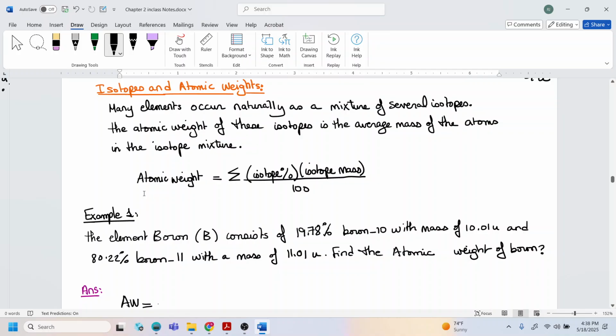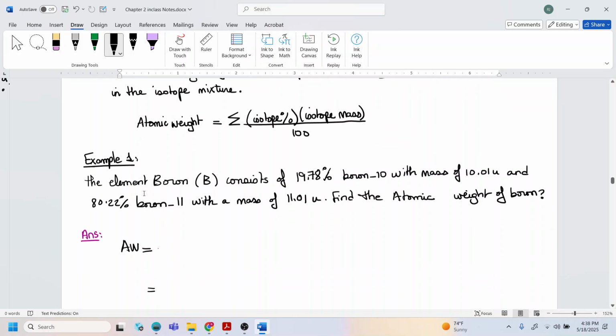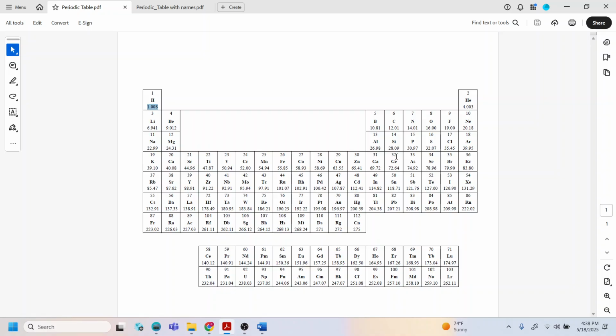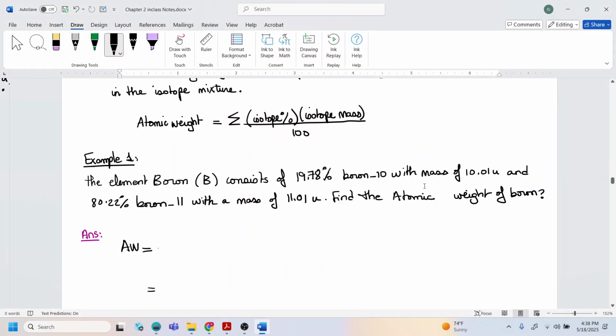Whatever you get, you guys, has to be exactly the same as the atomic weight in the periodic table for that element. For example, here I'm talking about boron. I want to find the atomic weight of boron. So I look at the periodic table, and I know that boron is 10.81 in the periodic table. So my calculation had to lead to a 10.81 answer for all the isotopes of boron.